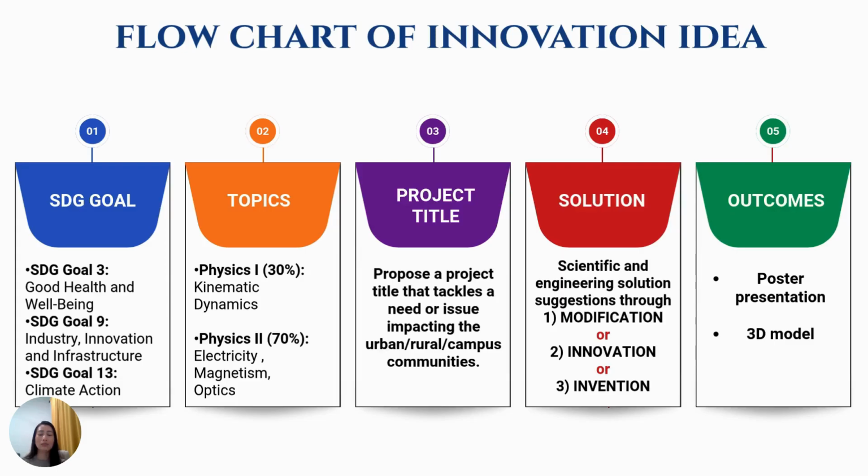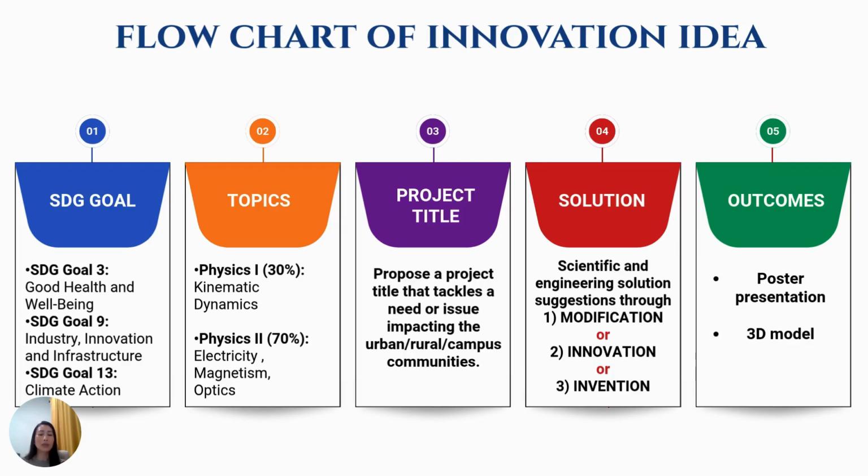So this is our flow chart. The project follows a five-pillar workflow. Pillar number one is when the student teams choose a sustainable development goal, SDG, to focus on. They can select from three suggested SDGs or they can pick another relevant one.